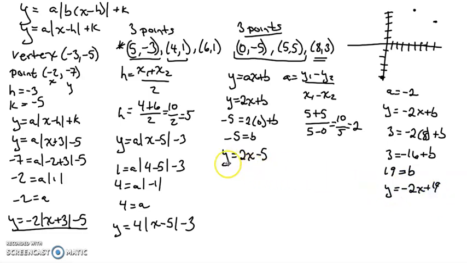Now, we found these two rules, the rules of each side of the line, because where these two lines meet is the vertex. So we can use a system of equations, either using comparison or substitution or elimination, to solve and find our vertex. I'm going to use comparison, so I have 2x minus 5 equals negative 2x plus 19.